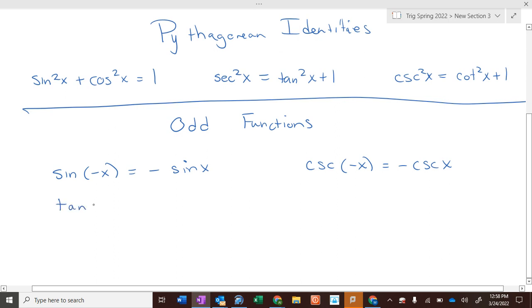The tangent of negative x equals negative tangent of x. And the cotangent of negative x equals negative cotangent of x.